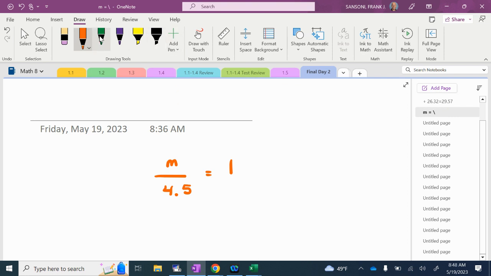So I'm going to multiply both sides by 4.5. And so I have m equals whatever 1 times 4.5 is, 4.5. So that's about as easy as it gets right there. That's number 26. Next box.